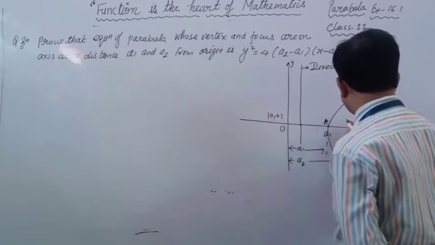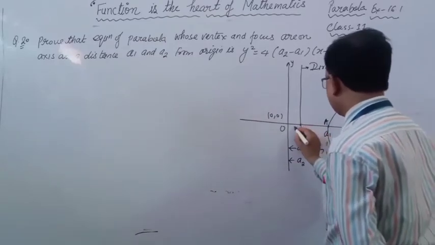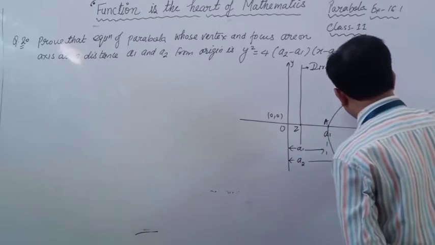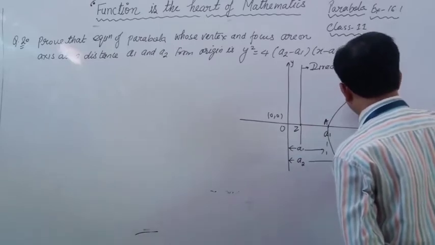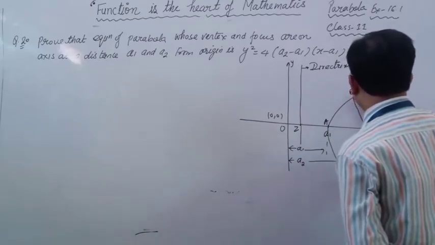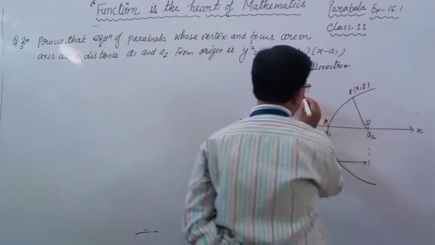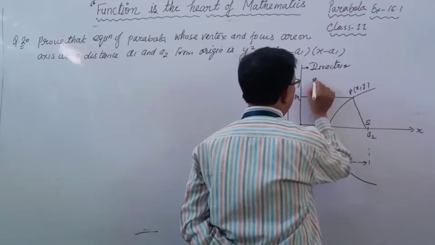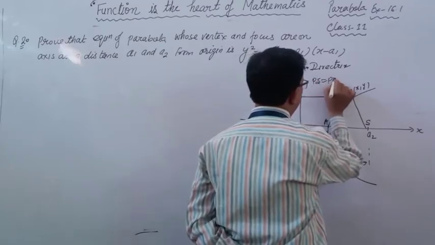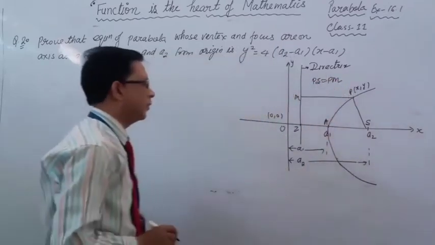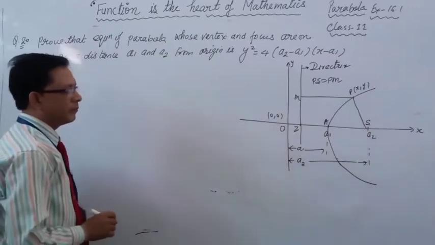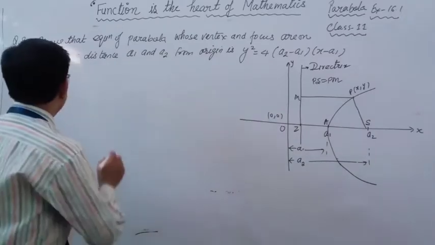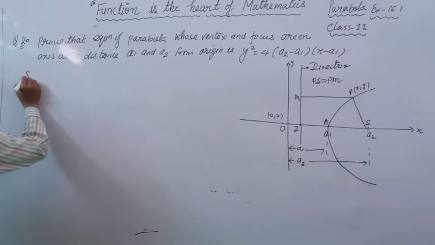This is vertex A, focus S, and this is your directrix. We take any point P (x, y) on the parabola, and if we draw a perpendicular, then we know that PS is equal to PM by the definition of the parabola. So let's start the question.